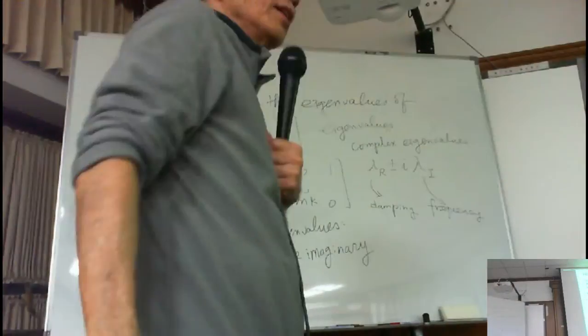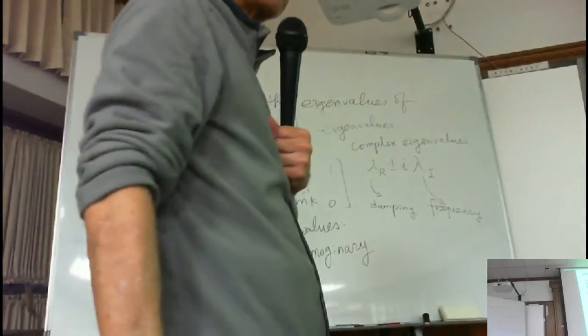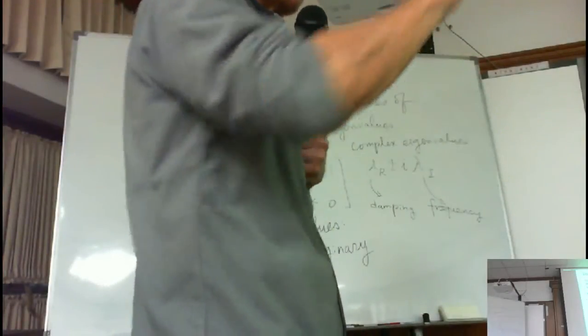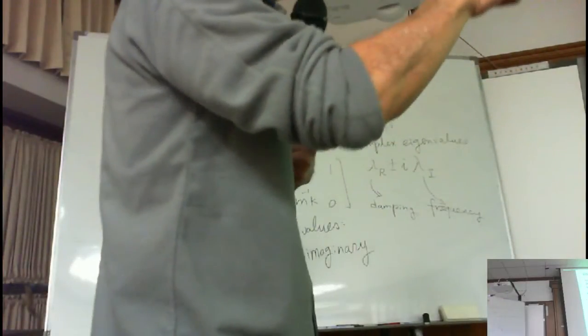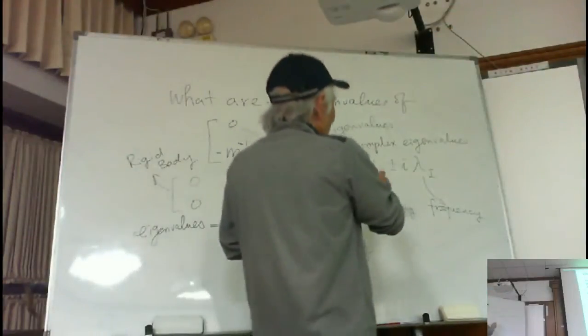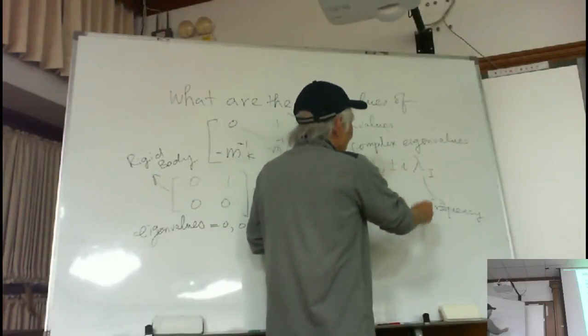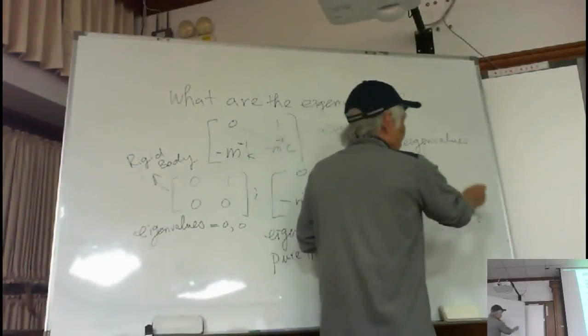So when you solve the eigenvalues of this matrix, you look at the imaginary part, and that is my frequencies. You look at the real part, and that is my damping. If m, c, and k are larger than 0, then you will have eigenvalues like this: damping terms and frequency terms.